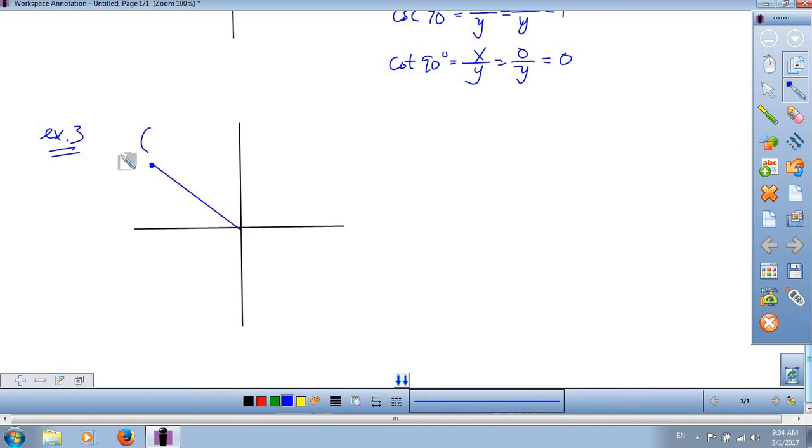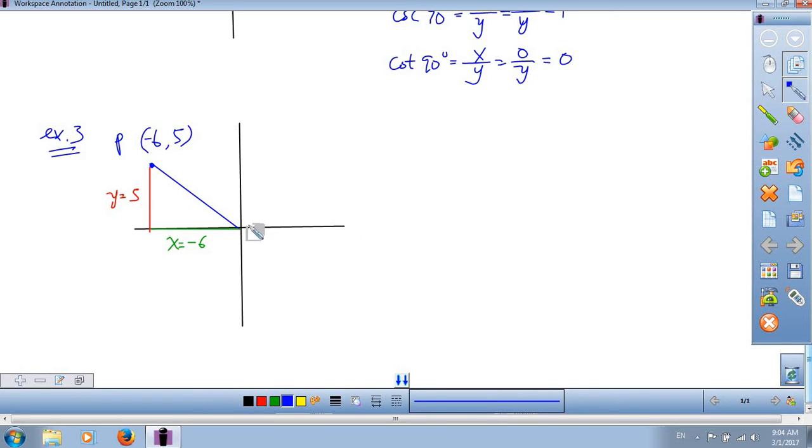Let's say P is equal to (-6, 5). As you can see, the x coordinate from here to here is -6, and the y coordinate is positive 5. So x is equal to -6 and y is equal to positive 5.